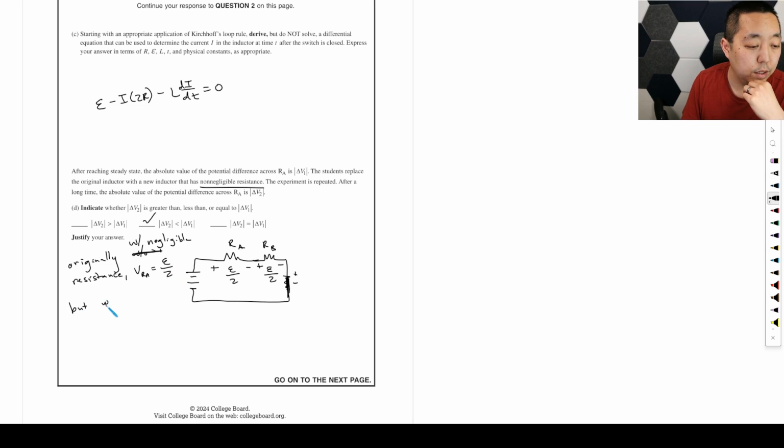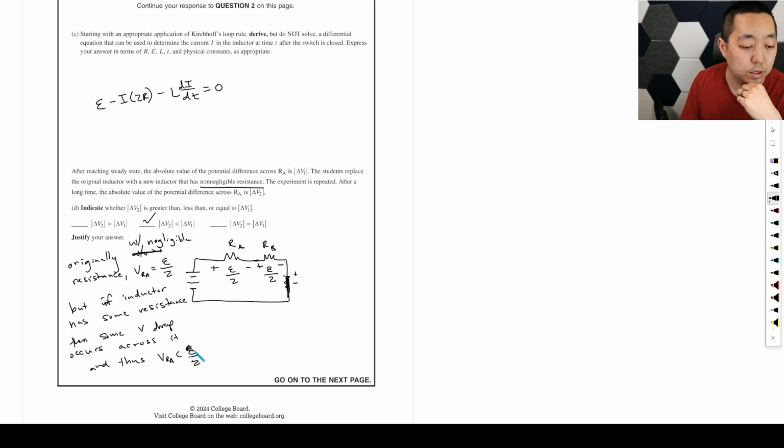But if the inductor has some resistance, then some voltage drop occurs across it, and thus V RA has to be less than epsilon over 2, because the total has to add up to epsilon. So it's going to be whatever's left over divided by 2.